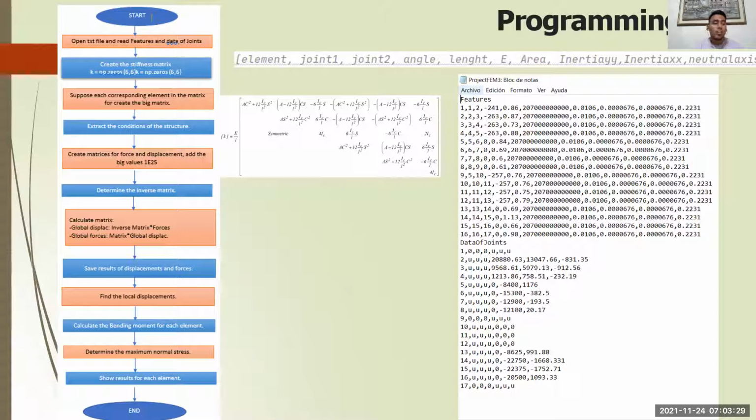The program will read a document called project FEM, which in a list will have the geometry data such as angle, length, area, inertia, and in another list the condition, the force and moment of each joint will be saved. And it will work with the different values from the database.